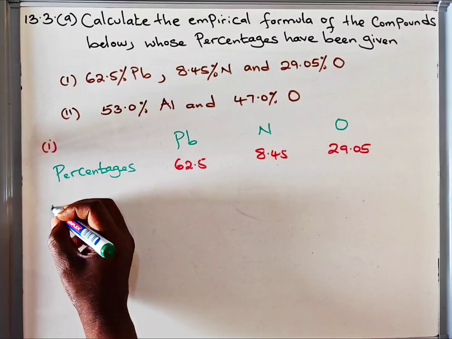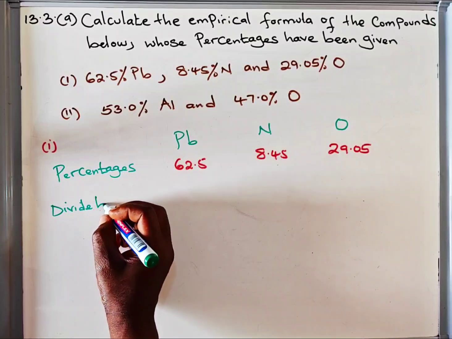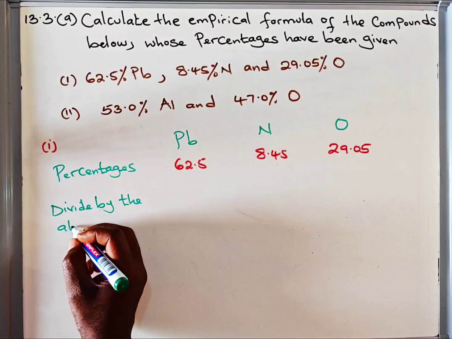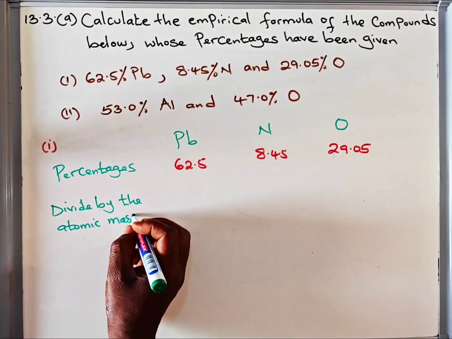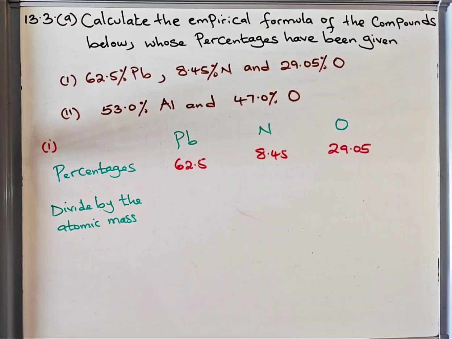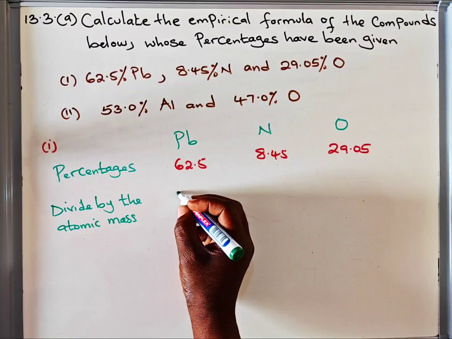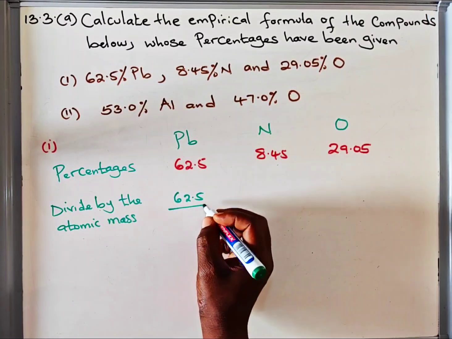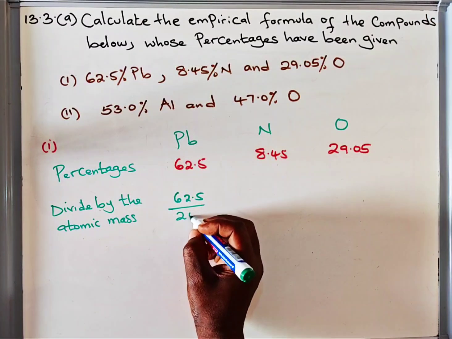Next, we divide by the atomic mass number. For lead, it is 62.5, which is our percentage, and the atomic mass number for lead is 207.